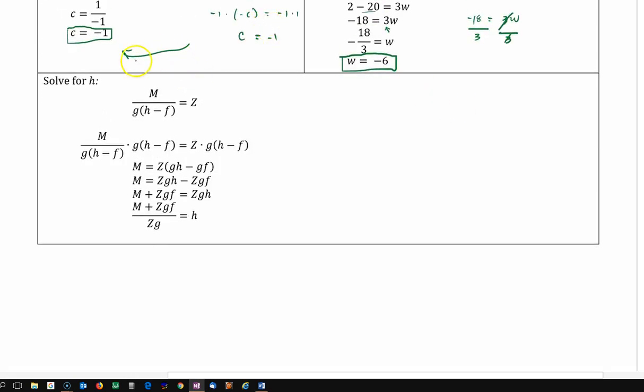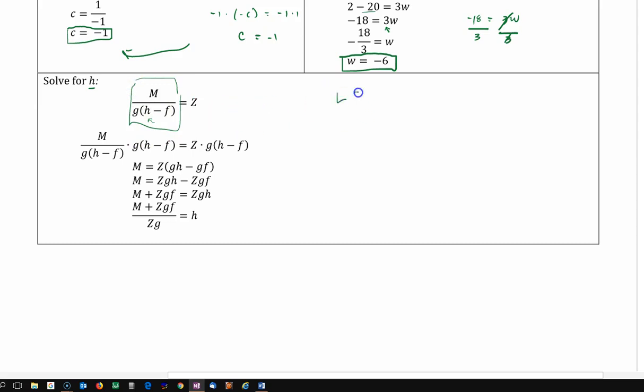Lastly, here's an example of a rational equation where there's a lot of variables and you have to solve for a particular variable. The h is inside the parentheses, so we have to get it out. Again, the obstacle is a fraction. This whole thing is a fraction.